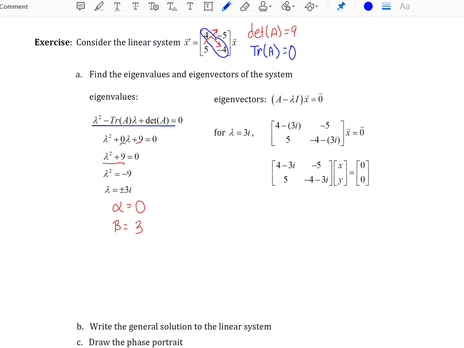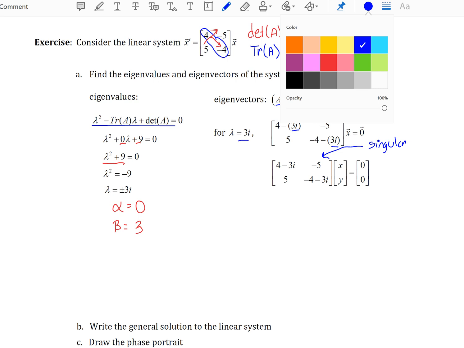Now you needed to find your eigenvectors using the equation A minus lambda I times x equals 0. And for the eigenvalue 3i, remember we're subtracting this off of the main diagonal only. This eigenvalue forces this matrix to be singular. It means that one of these columns or one of these rows has to be a multiple of another.